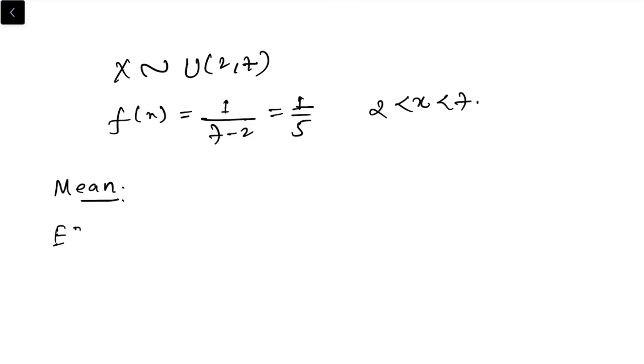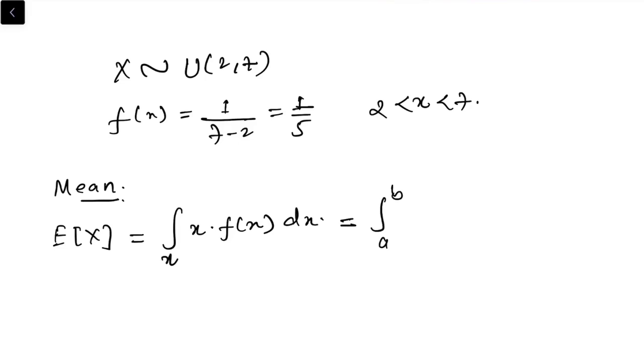So the expectation of x is the integration of x times the PDF dx, over the range of x. Here the range of x is a to b, x times the PDF, which is 1 over b minus a, dx.